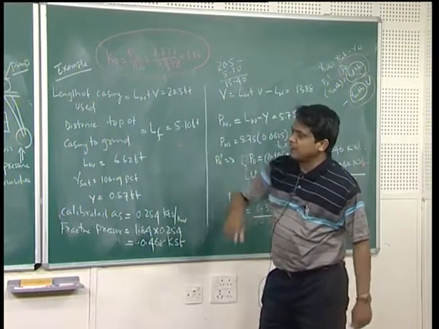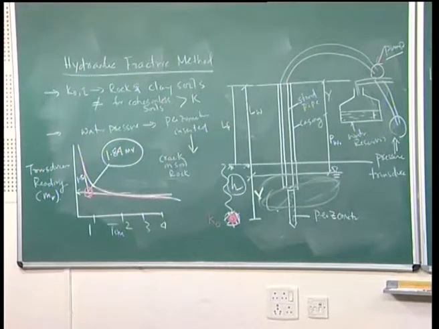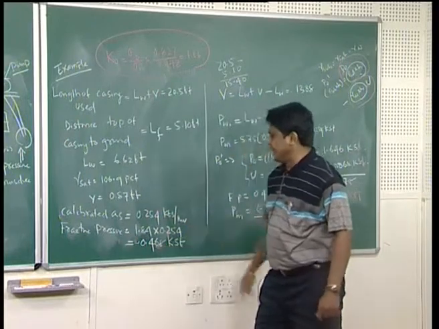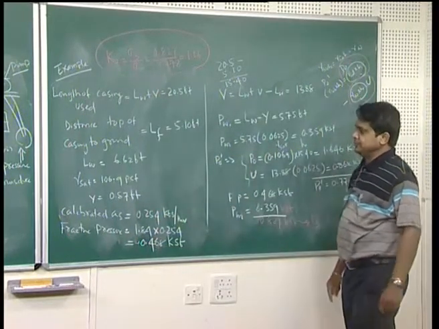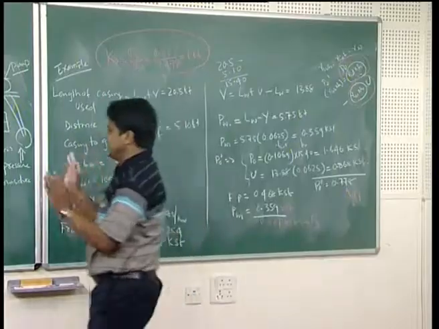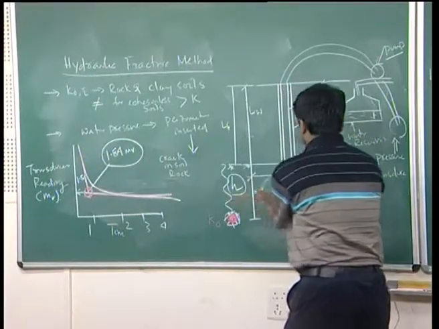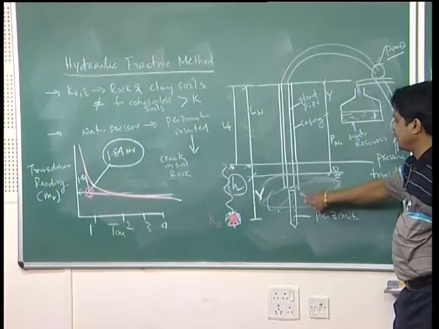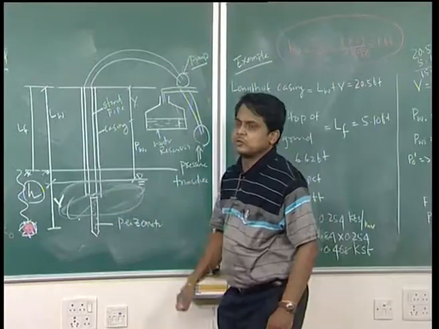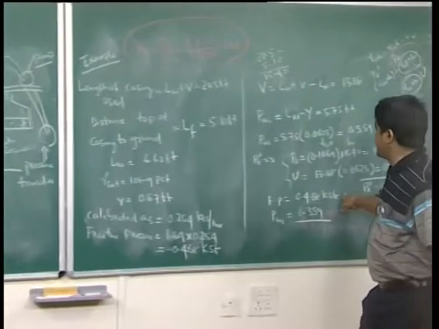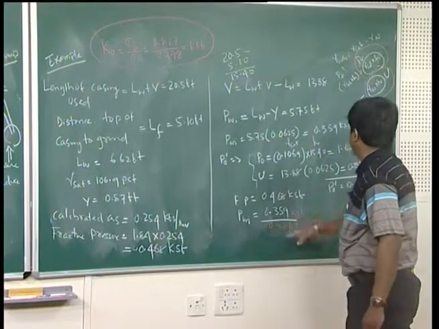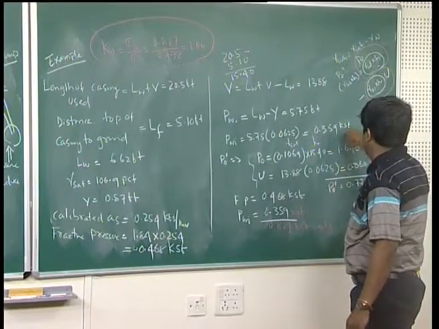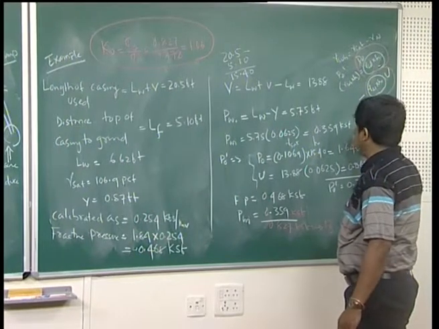So for 1.84 mV, what is your fracture pressure? It is 0.468. This is your fracture pressure generated by water pressure. That means you have to consider water pressure also. So fracture pressure is there, water pressure is your 0.359 kips per square feet.